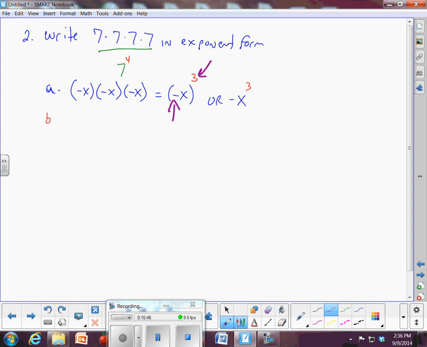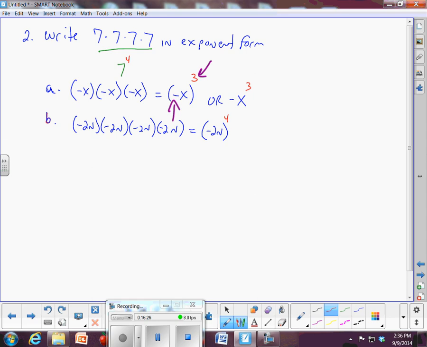Let's do another one. B. All right, here's one that's a little interesting. Let's go in parentheses, negative 2n, negative 2n, negative 2n, parentheses, negative 2n. So we have 4 of them. Negative 2n times negative 2n times negative 2n times negative 2n. So if we were to go straightforward, we would get negative 2n as the base to the fourth power. Again, we need that parentheses because the whole base is the negative 2n.